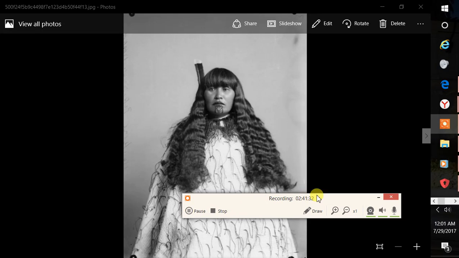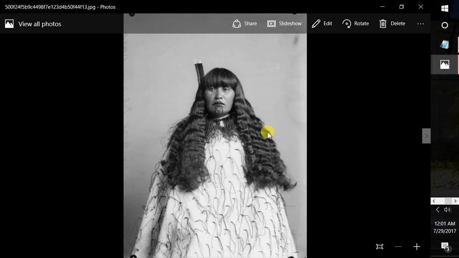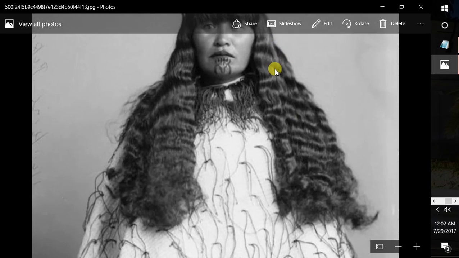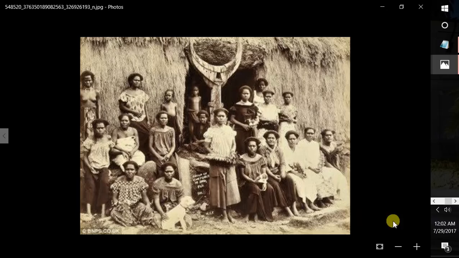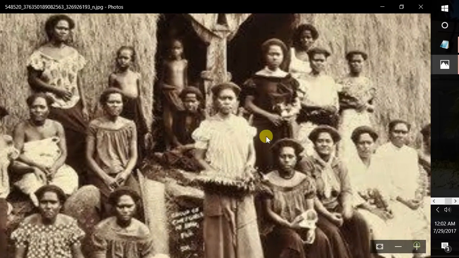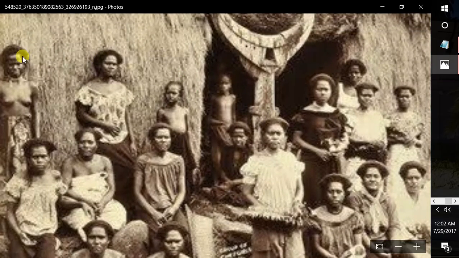So the next stop right now is in Hawaii, and look at the Hawaiian people and how they used to look. The nappiness is still in the hair. It's not straight. All right, another picture. Look at them. All Hawaiians. Can you see that? All nappy hair. Sorry if there's some nudity in the pictures, but I'm just trying to show you stuff.